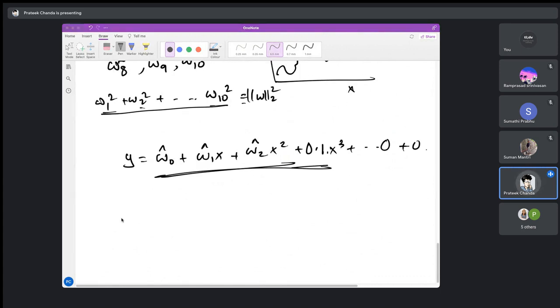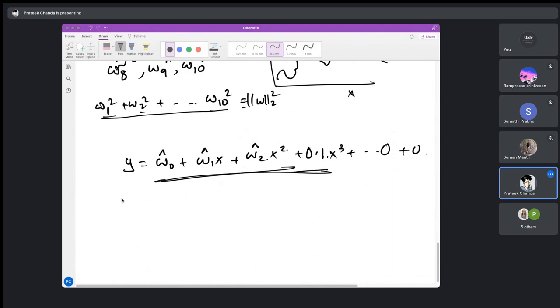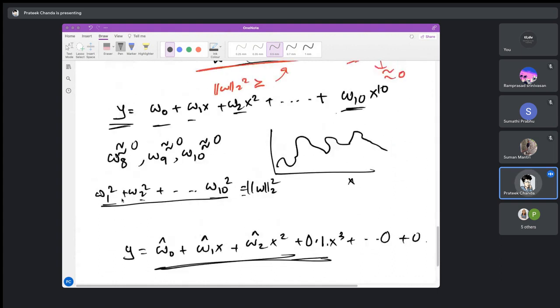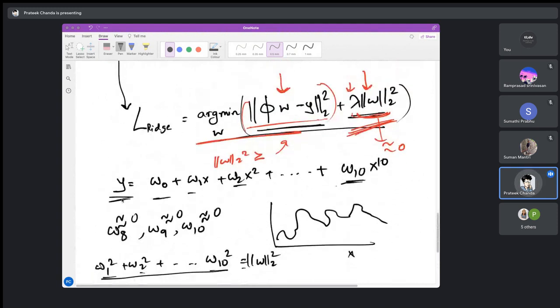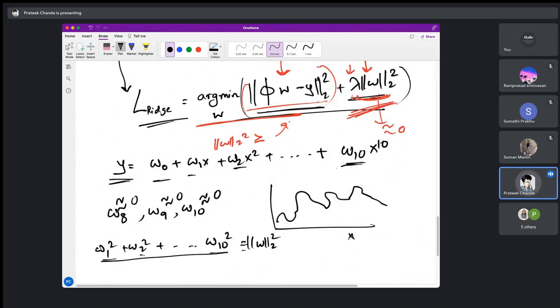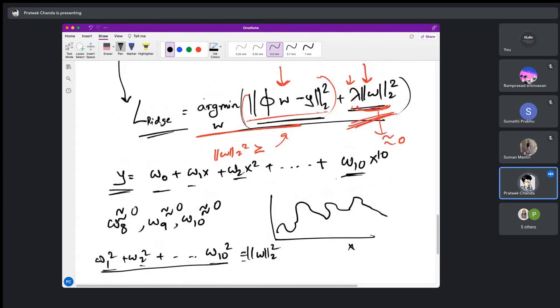So any other questions? So let us go ahead. We define our ridge regression loss as follows. Now we want to find the optimal value W star that minimizes this entire expression.